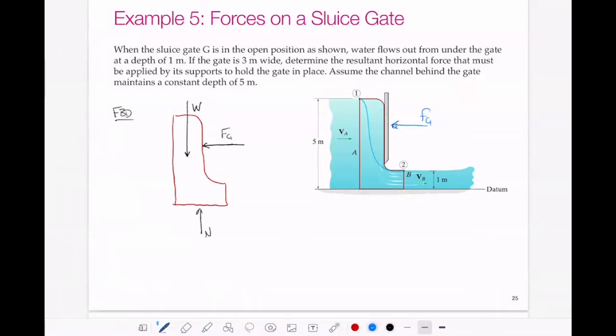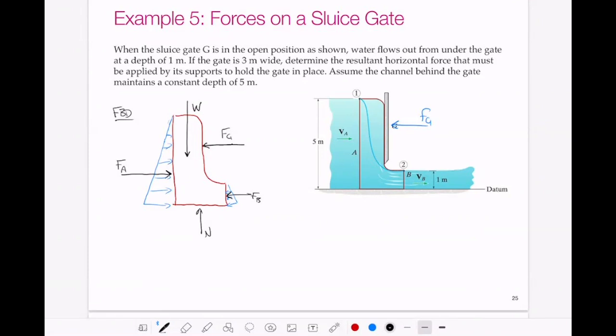And then we have our distributed fluid loads, which we can write as a resultant force over here, and then likewise on this side, and we can draw our resultant force at A. So this is quite an involved free body diagram.